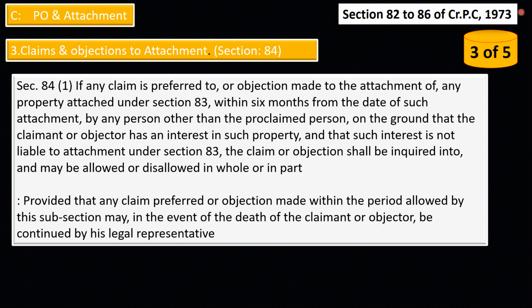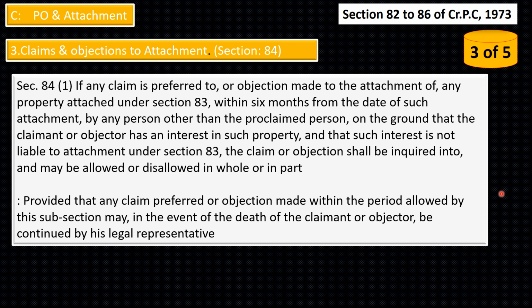Section 84 is explaining to us that where a property is attached under section 83, within 6 months any person can claim that the property attached of a proclaimed person does not belong to him or that he has a share in it, and whatever the reasons he has, he can claim within 6 months, and the court may, at its discretion, allow or disallow the property to be attached.